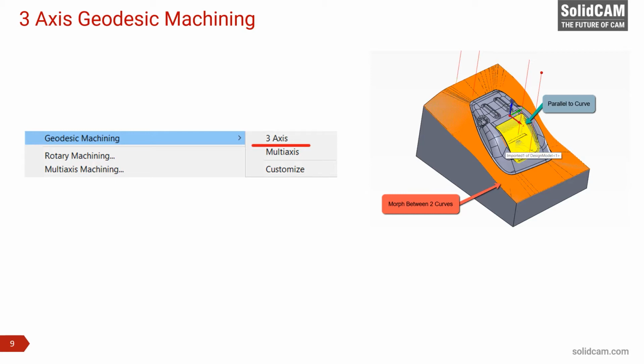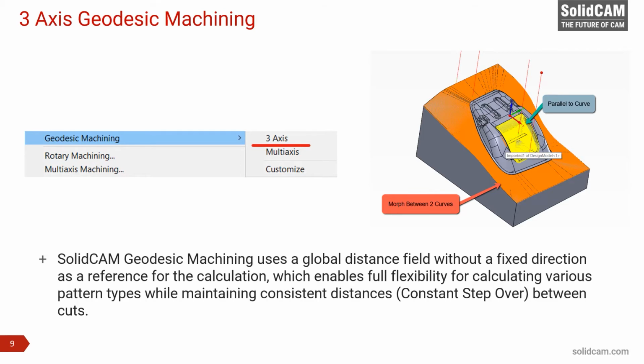It could be morphed between 2 curves, or the pattern could flow parallel to a given set of curves. So SolidCAM's geodesic machining uses a global distance field without any fixed direction as a reference for calculation. I'm going to explain what exactly this means, which enables full flexibility of calculating various pattern types while maintaining constant distances or constant step over between cuts.